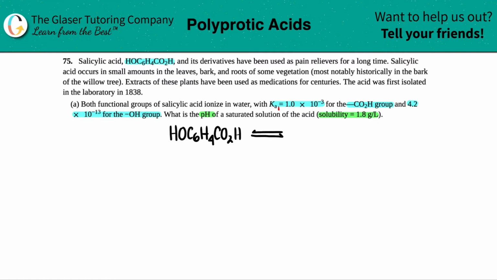It's in equilibrium because salicylic acid is not one of the 6 strong acids. And they're saying that this Ka value goes with the hydrogen in the CO2H. This is called a carboxyl group if we're going into organic chemistry, which hopefully on this channel we will get there. Fingers crossed. Love organic.